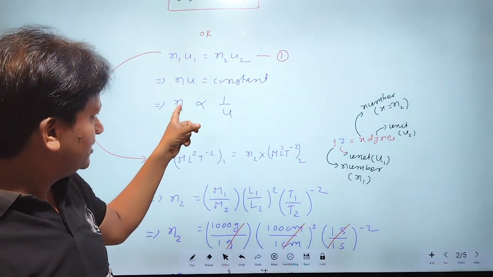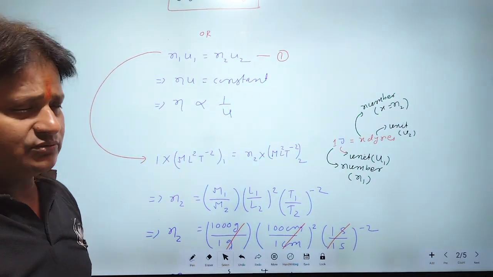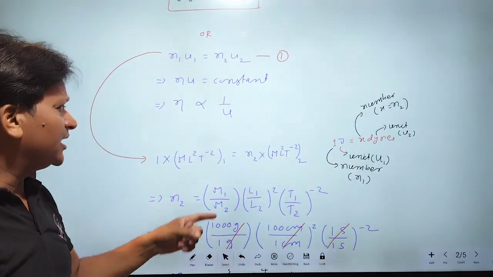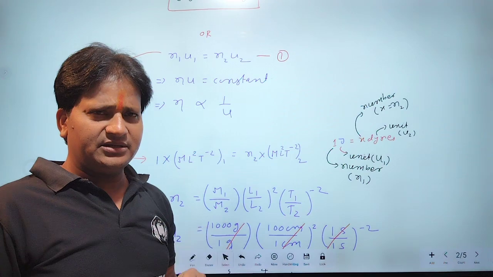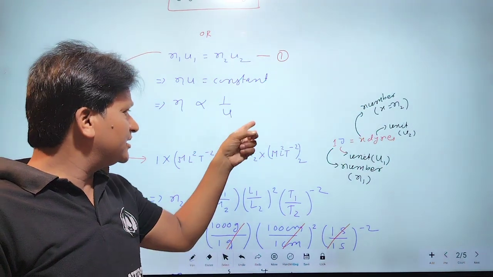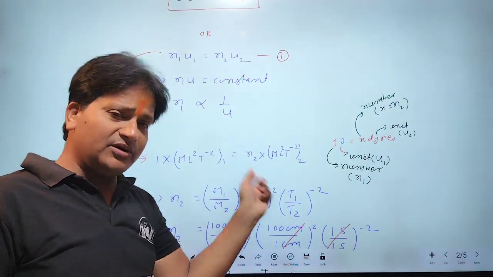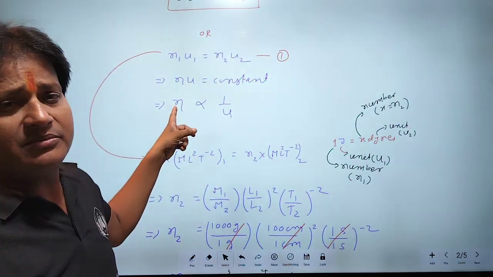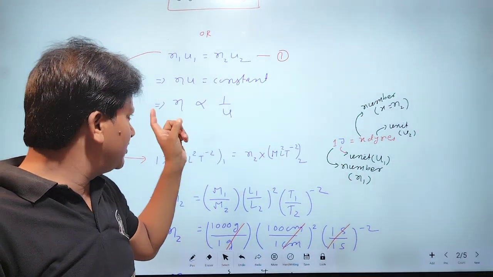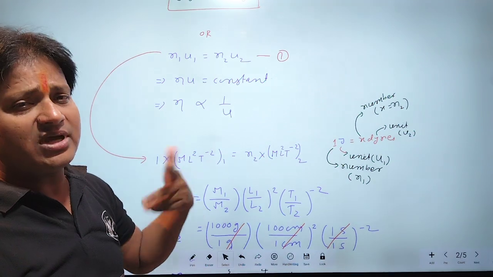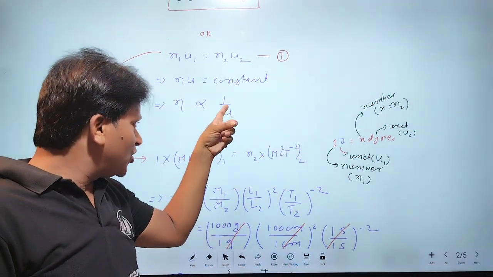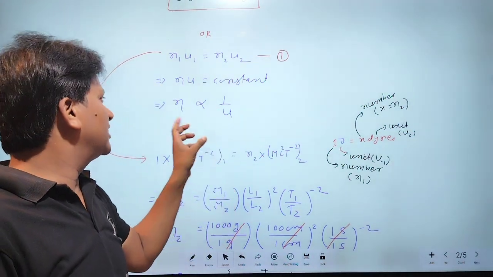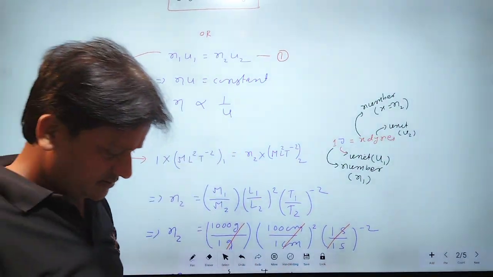Therefore, N is inversely proportional to U. This means that the greater the unit, the smaller will be the value, and vice versa. The smaller the unit, the greater will be the number.